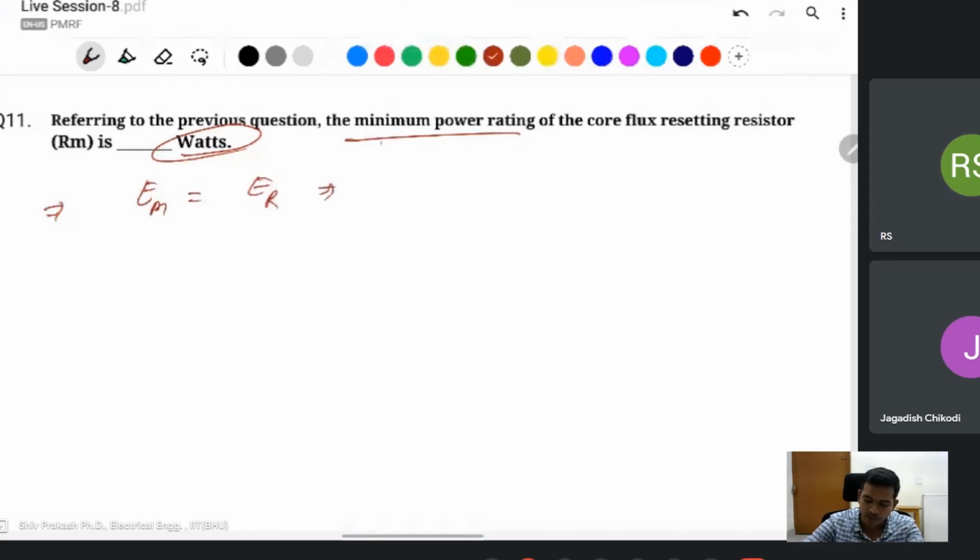You can say power P times T is equal to energy, so power is energy divided by the time period. The energy in the magnetizing inductance is half L IM square. What energy is stored in the magnetizing winding?